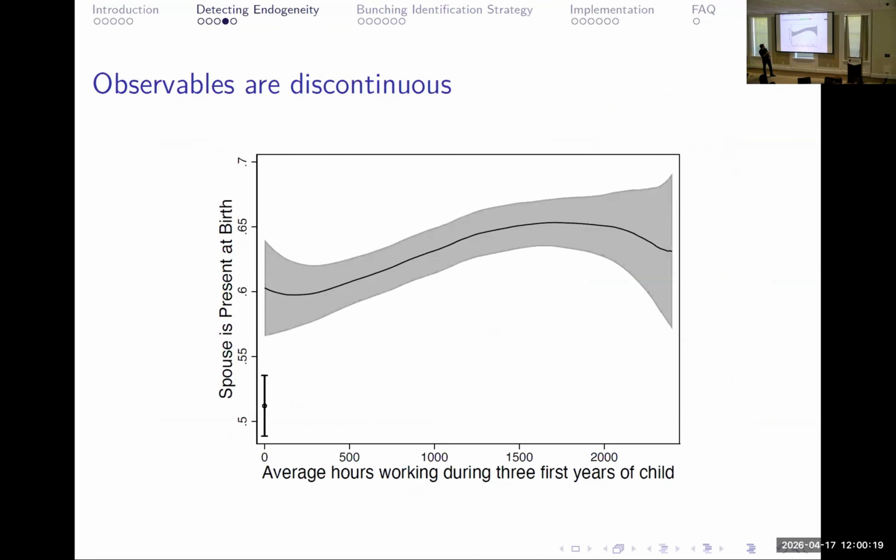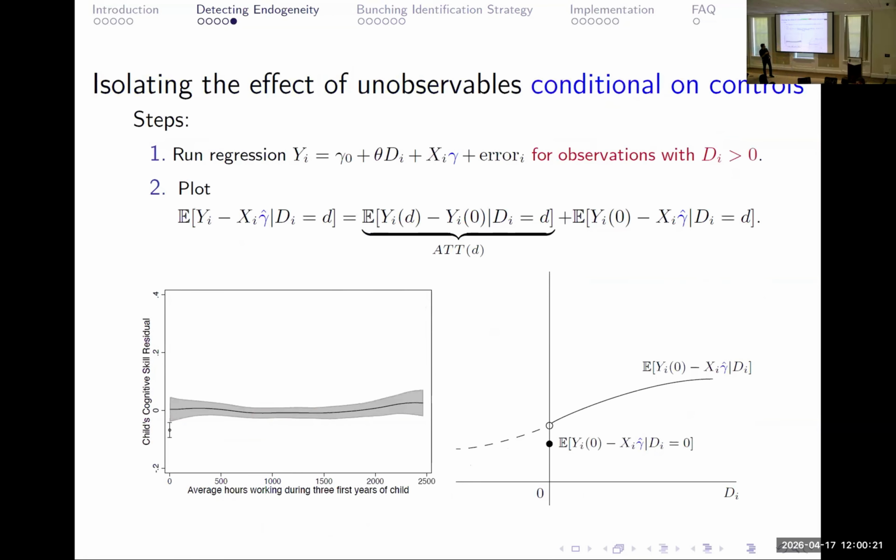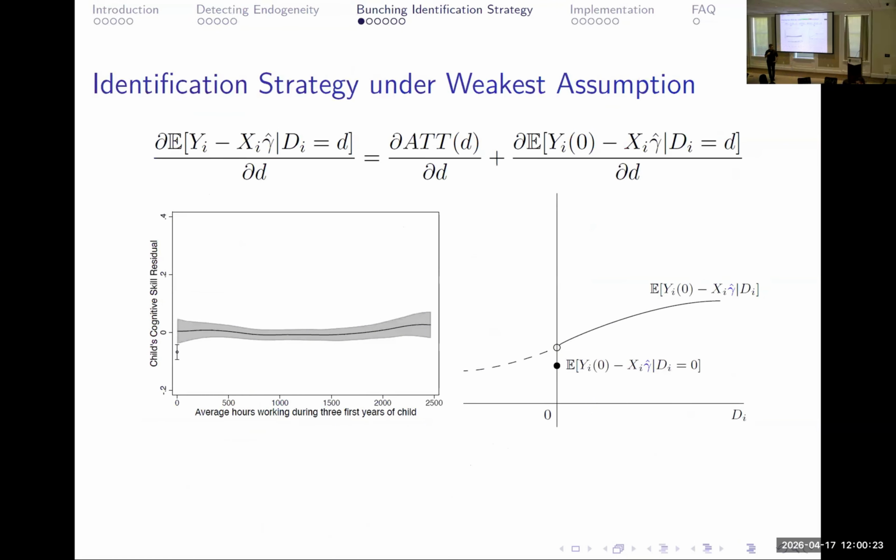The key idea here is that it's possible that observables tell us nothing about what is happening to unobservables.